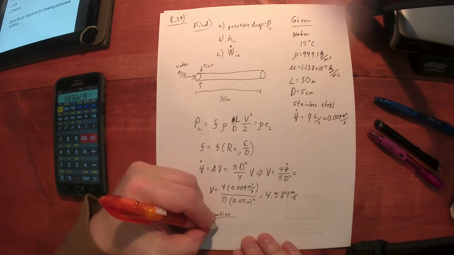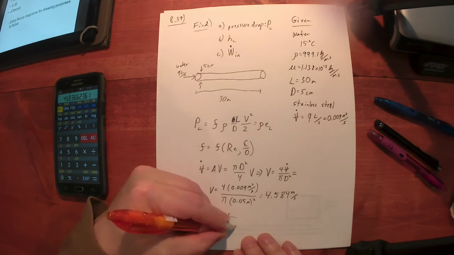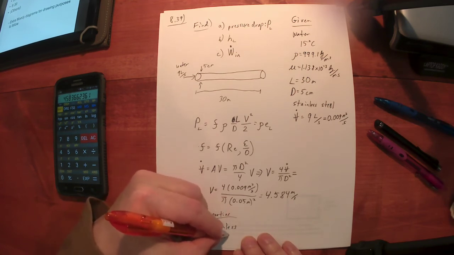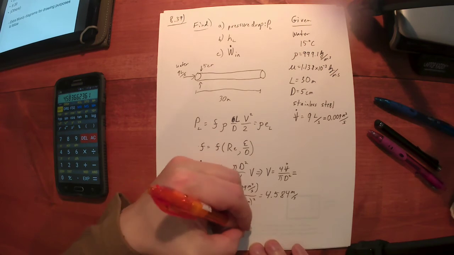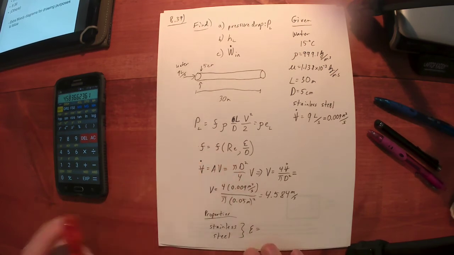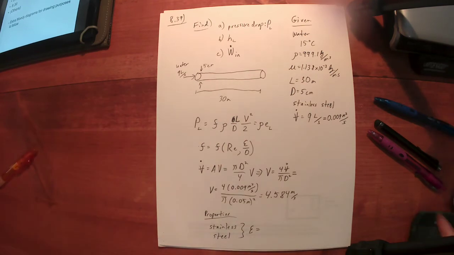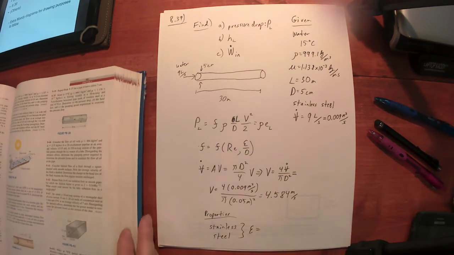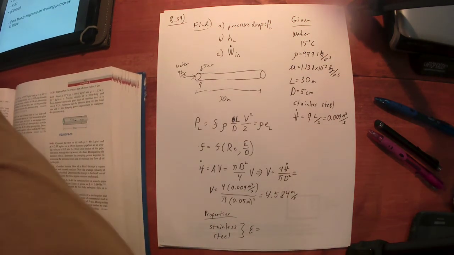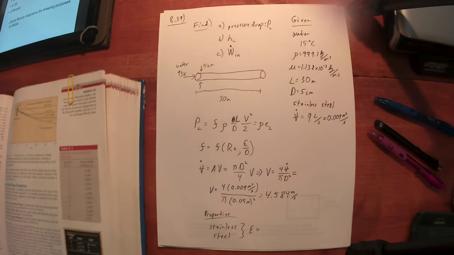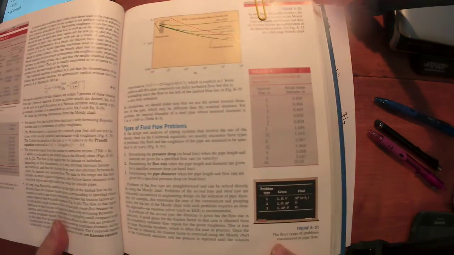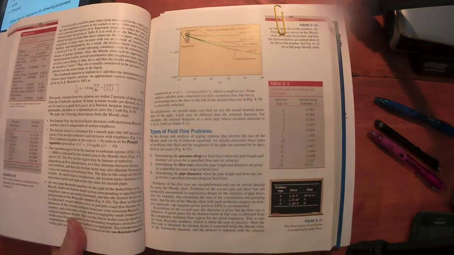The fact that we know it's stainless steel is enough to give me the epsilon. Where do we get epsilon values? Well, that's in your text, or we can find a trusted source online somewhere, but your text is a really good trusted source.